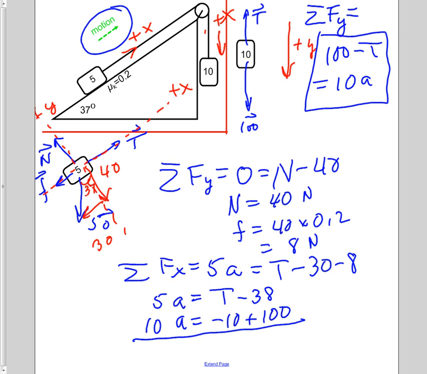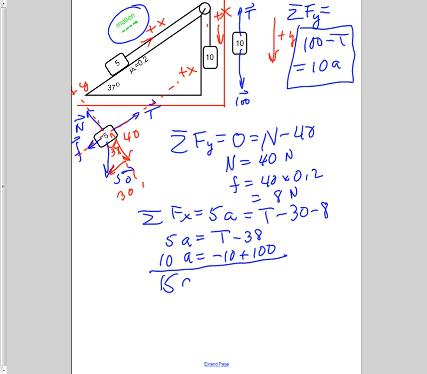And so 15a is equal to, this should be minus T, not minus 10. I said minus T, but I didn't. So if we now add these two equations, I get 15a equals 62, or a equals 4.13 meters per second squared.